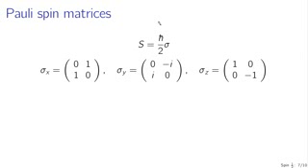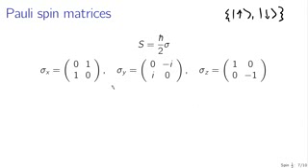But while notationally speaking, this is a rather complicated expression, all we've really done is pull the h bar over 2 out of our expressions for the S sub x, S sub y, and S sub z operators, defining them as lowercase sigma sub x, sigma sub y, and sigma sub z operators, or matrices in this case, since we're working in the basis of the up and down S sub z eigenstates.